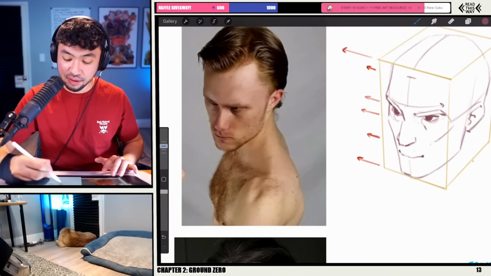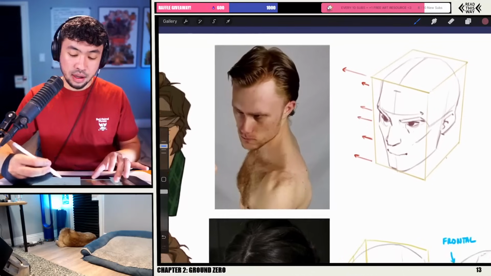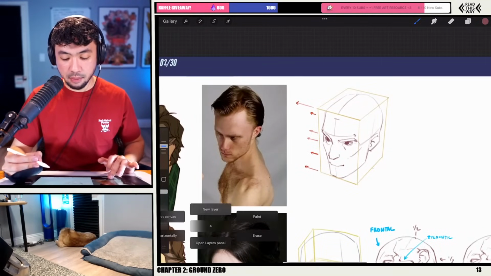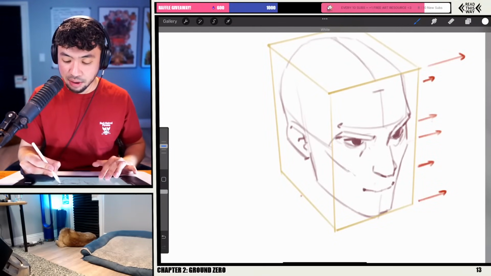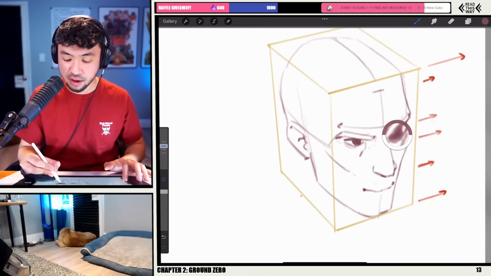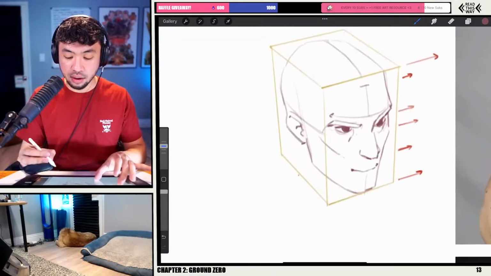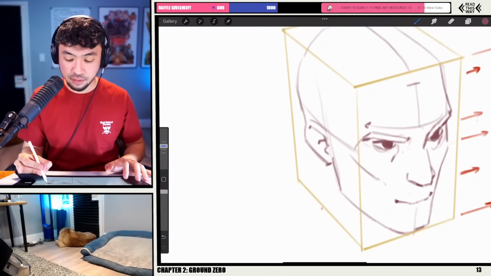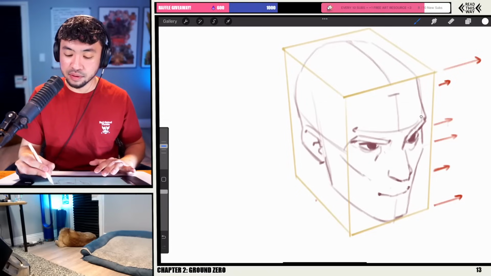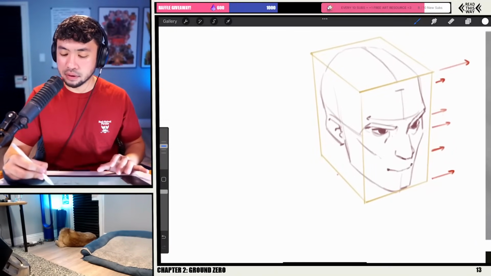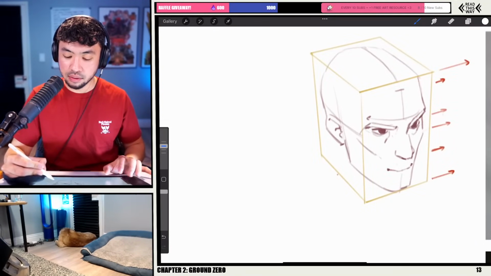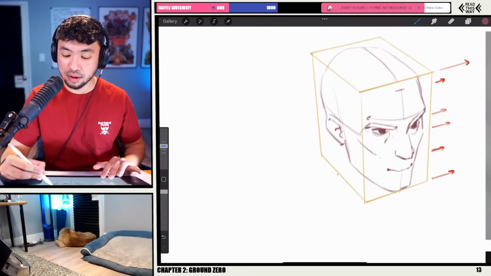Okay, I'm going to move this eye just a little bit here just to give it some room. And then for the most part, I think this is pretty much good for the demo. Again, I'm not trying to draw a super finished face, nothing like what we've drawn here for Joel, but just a quick little demo to talk about the planes of the face and overlap and stuff, because I think that's really important, but also something that oftentimes beginner artists don't really focus on or don't realize exists.